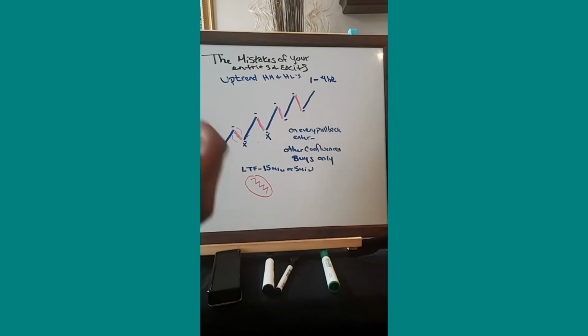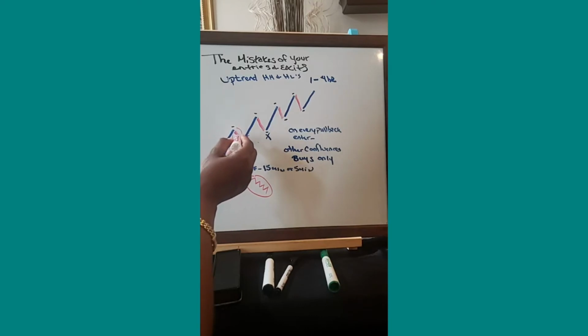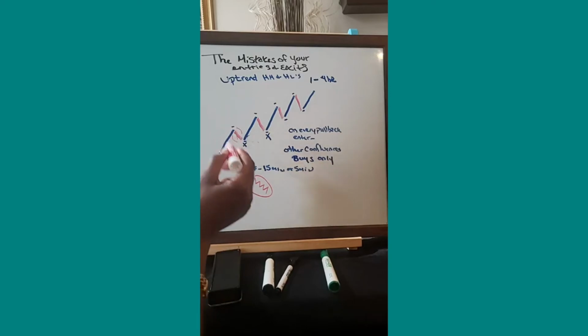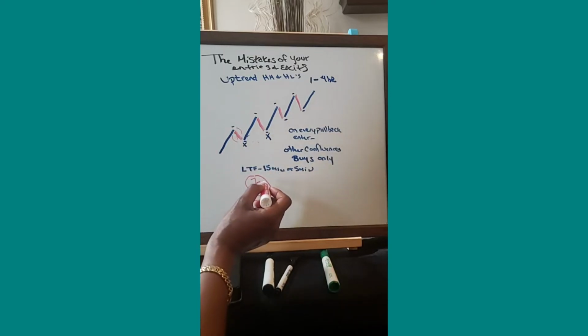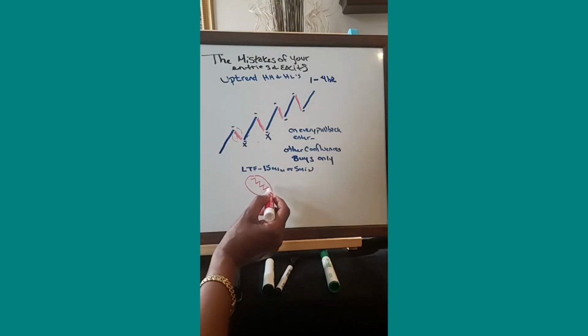So say for example, this is a 1 hour chart and you have one long candle coming down. Be mindful that in this 1 hour candle there are 12 small 5-minute candles if you're on a 5-minute chart.